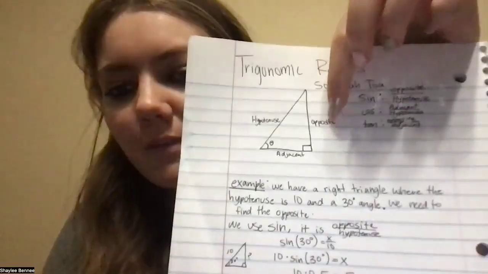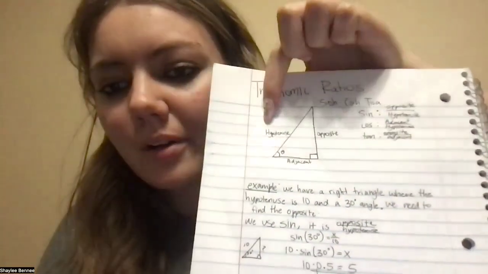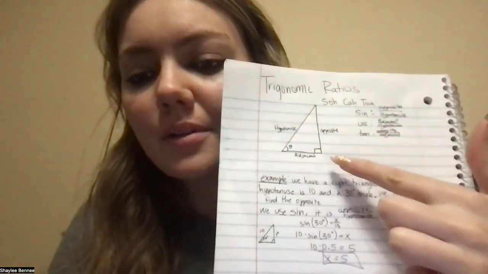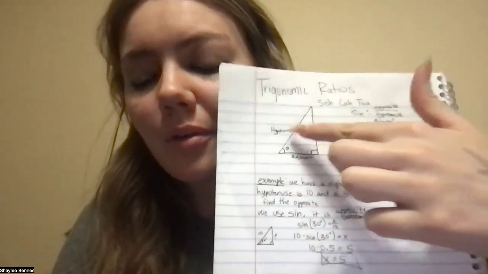And then I feel like students will sometimes mix up where the opposite, where hypotenuse and where adjacent is. So hypotenuse is always going to be the one across from the 90-degree angle. That's how I always remember it.